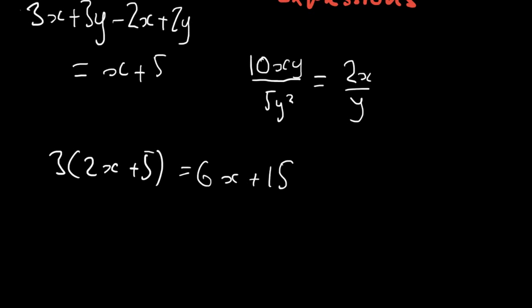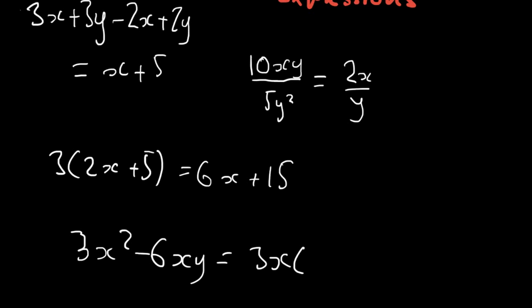So what I mean by that is, if you have, for example, 3x squared take away 6xy, what you'll do is take out the highest common factor, in this case it will be 3x, and then you divide each term by the common factor, and you'd place that term in the brackets. So if you have 3x squared, divide that by 3x, you'll get x, and if you have negative 6xy and divide that by 3x, you will get negative 2y.